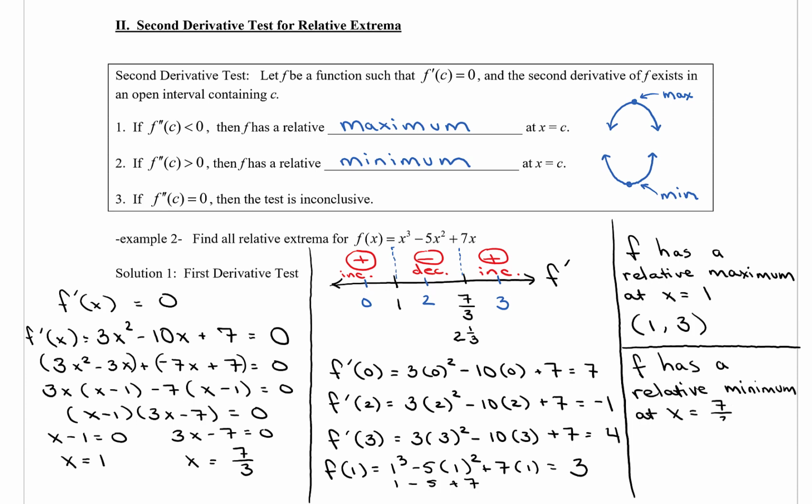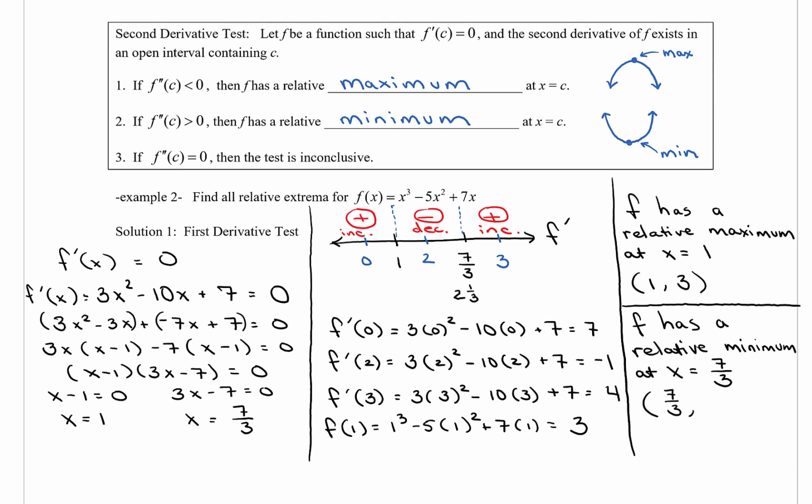And the location of that relative minimum is going to be at 7/3, comma, I don't know the y value, so I'm going to erase the work that I did down below the f of 1. And I'm going to write down f of 7/3. And I'm going to plug 7/3 into the original function. F of 7/3 is equal to 7/3 cubed minus 5 times 7/3 squared plus 7 times 7/3.